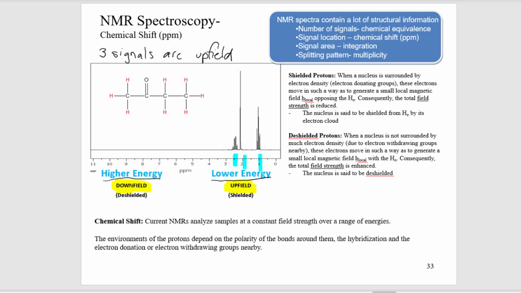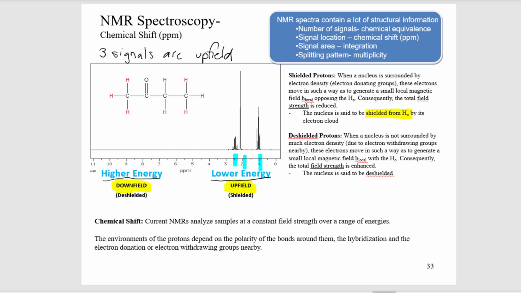And what's happening is that when a nucleus is surrounded by electron density, electron donating groups, these electrons move in such a way that they generate small local magnetic fields, H local, that oppose the magnet that we've put it in, the instrument. As a consequence of this, the total field strength is reduced, and the nucleus is said to be shielded from the magnet.